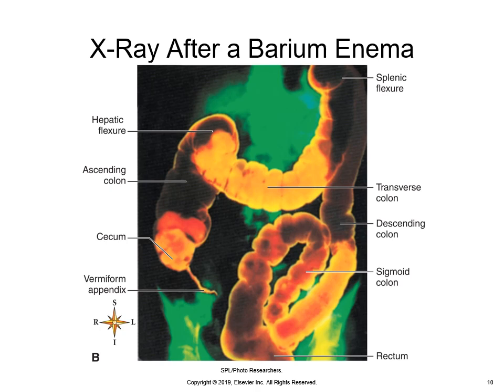All right, now here we're looking at a colorized x-ray film taken after a barium enema. Typically this would just be a black and white image, but they've added some color to it so you can further evaluate the large intestine. And again, a barium enema is a contrast study that we use in x-ray to look at the colon.